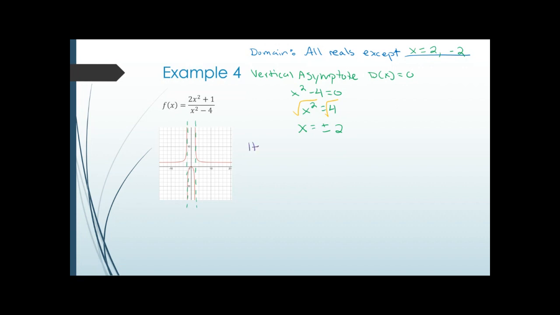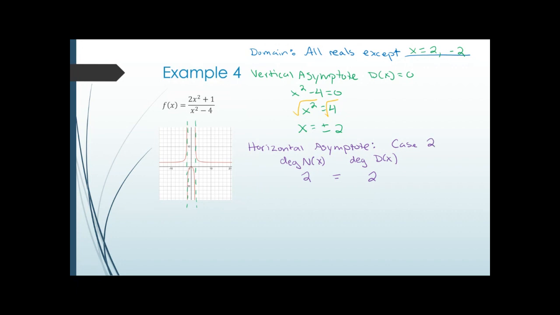Next is the horizontal asymptote. And so I'm looking at the degree of the numerator compared to the degree of the denominator. So we have a quadratic in the numerator, which is degree 2. We have a quadratic in the denominator, which is degree 2, so they're equal to each other. And so this is still case 2.